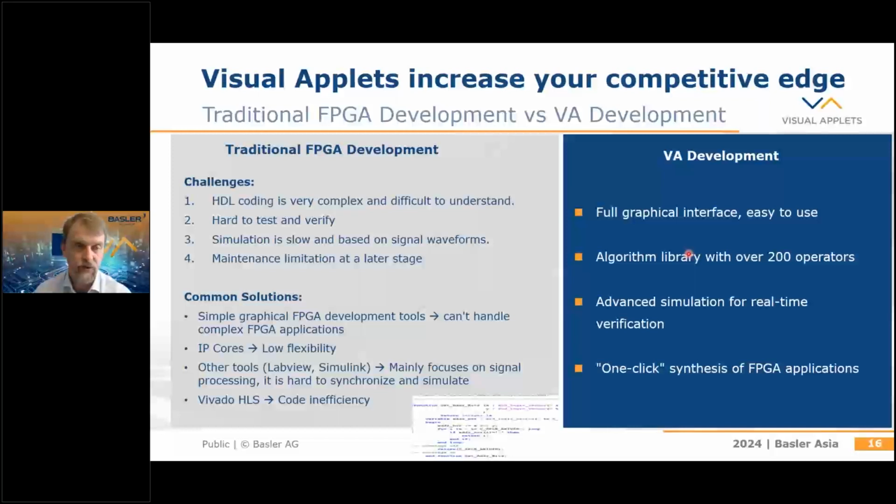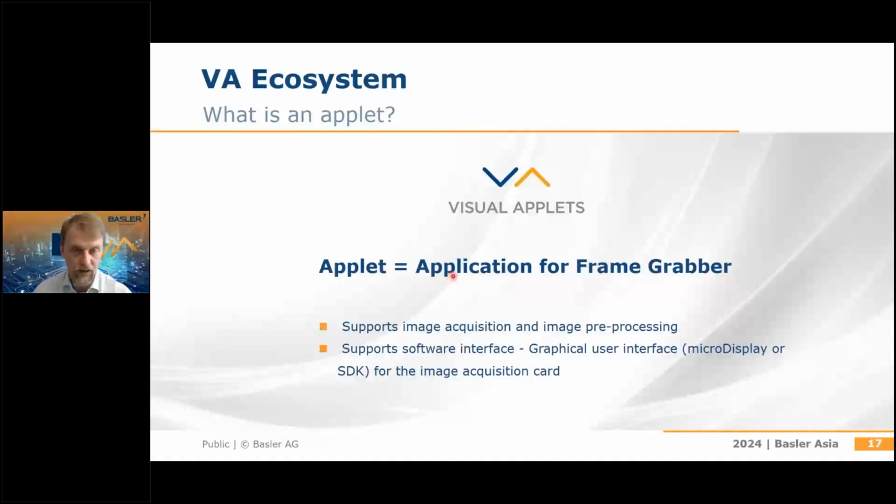So all the pre-processing tasks you would like to shift into the frame grabber can be simulated, and then by a very simple build step, which we mostly call one-click synthesis, you can make it an applet you can run on your frame grabbers. These applets are the application of the pre-processing step running on the frame grabber itself.